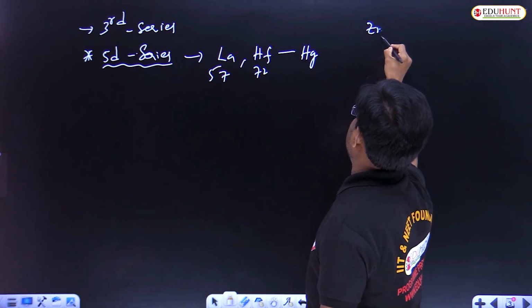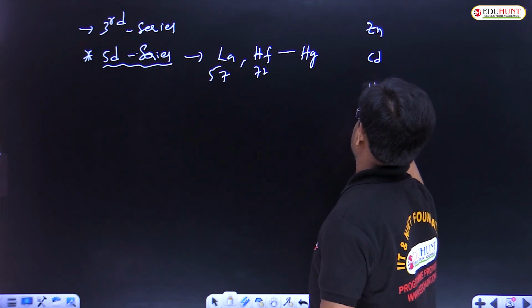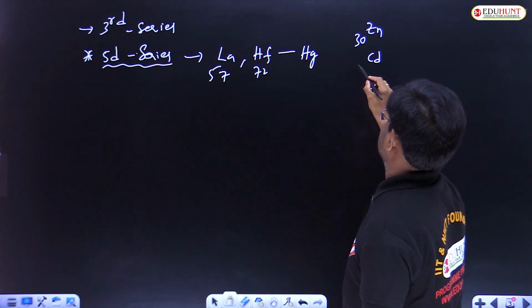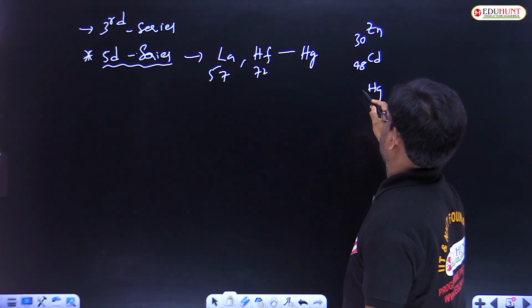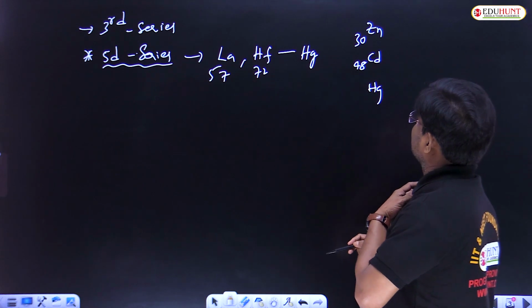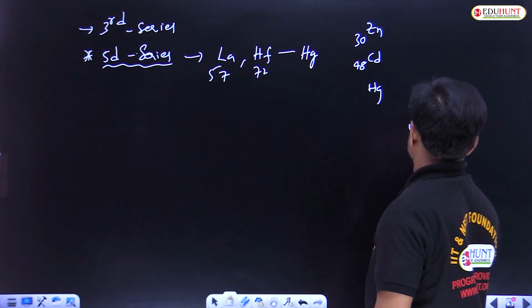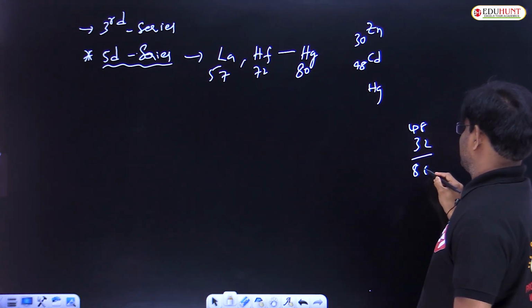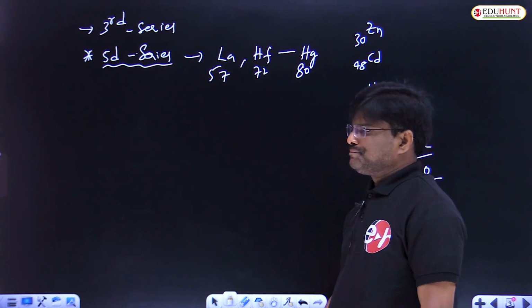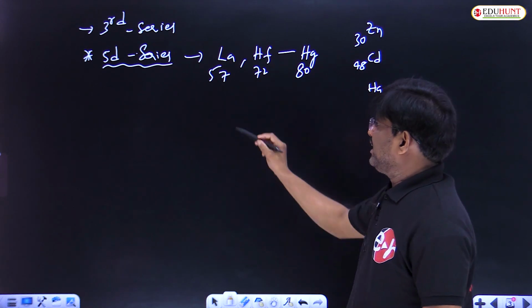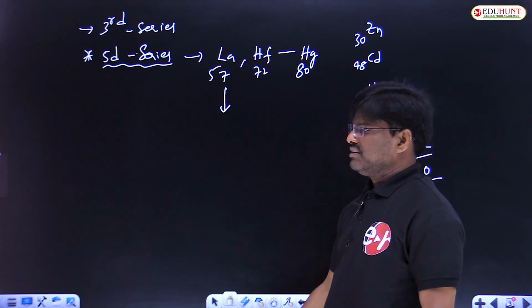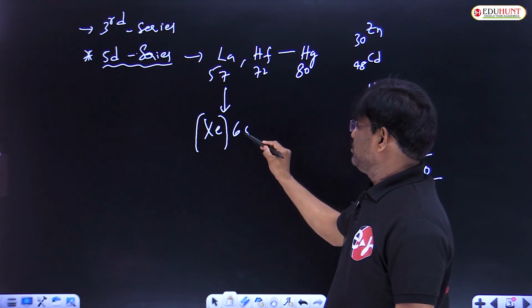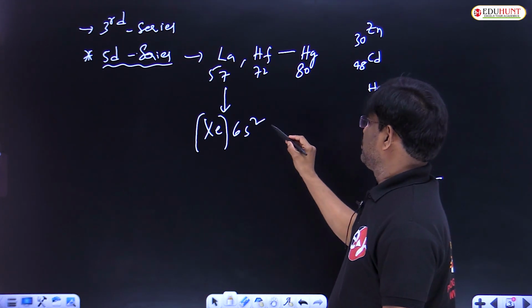Zinc, cadmium, mercury: 30 plus 18 is 48, 48 plus 32 is 80. The electronic configuration is xenon 6s2 5d1.